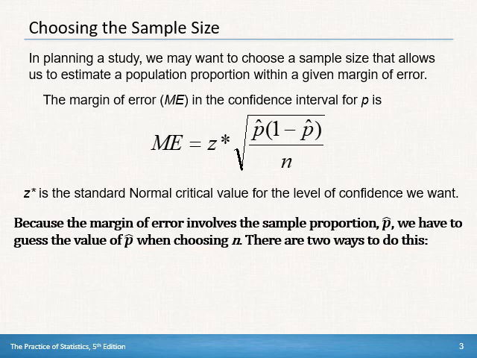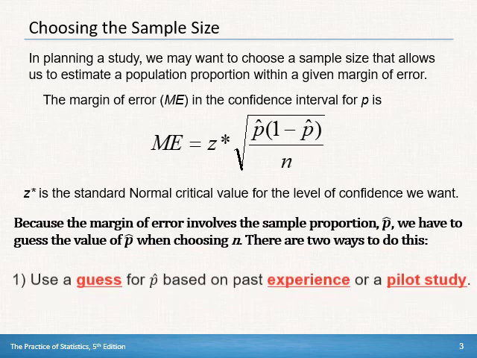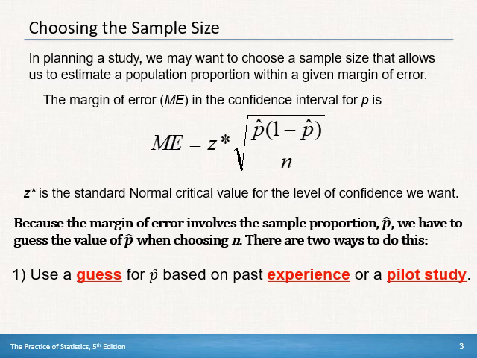We have two ways to deal with not knowing p hat while we're trying to choose our sample size. The first option is to guess at a p hat based on past experience or a pilot study.